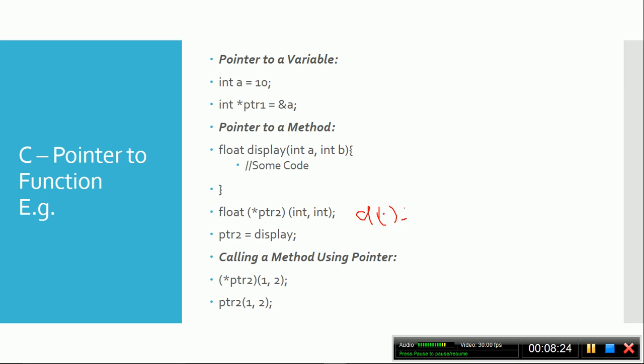So d is the name of the function, and it actually gives the address of this function, and then the parenthesis instructs the compiler to call that function. But here we haven't put the parenthesis, so it will just return the address of the function to ptr2. Now we can call through ptr2 in 2 ways. One is star ptr2 with 1, 2, and the other way is we can directly use ptr2 to call this function display.